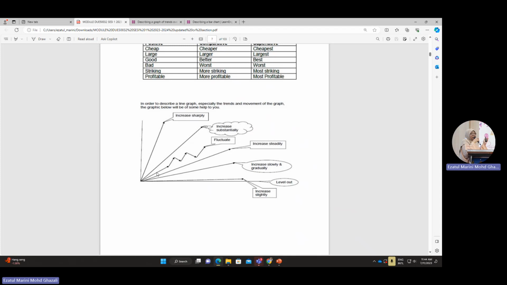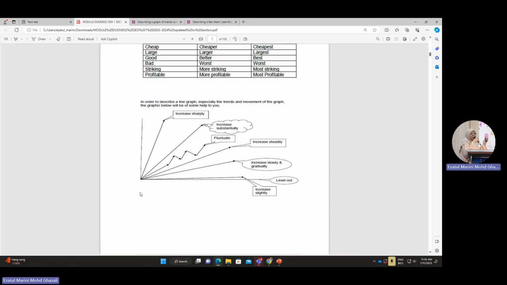When you see a line like this, it means it increased sharply and then increased substantially. When you have an up and down line, we use fluctuate to describe that movement. You can say increase steadily, increase slowly and gradually. When you have a straight line, that is leveling out, and increase slightly.